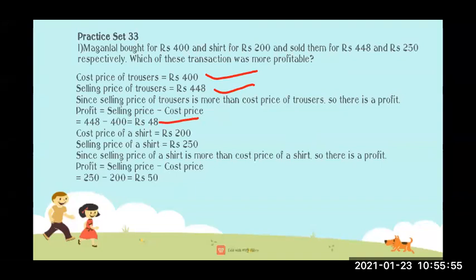The profit formula is profit equal to selling price minus cost price. Now here selling price is 250 minus 200 is equal to rupees 50. So on the trouser we got a profit of rupees 48 and on the shirt we got a profit of rupees 50.